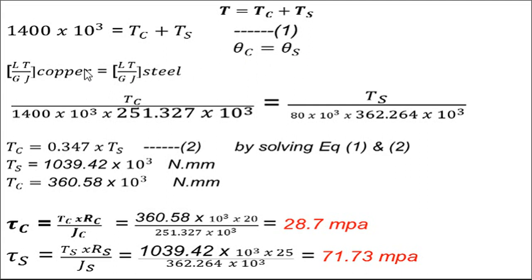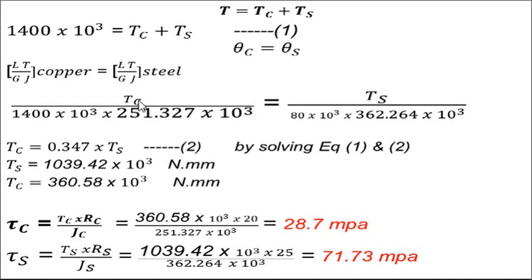By the rigidity criteria, theta C is equal to LT divided by GJ for copper, and theta S is LT divided by GJ for steel. Putting in the values, G is known and the polar moment of inertia is known, and the length is equal for both shafts, so it will cancel.